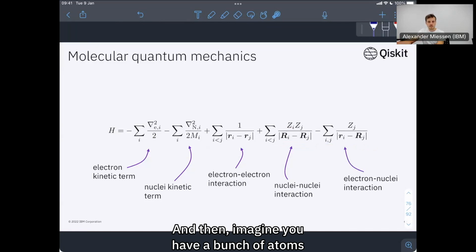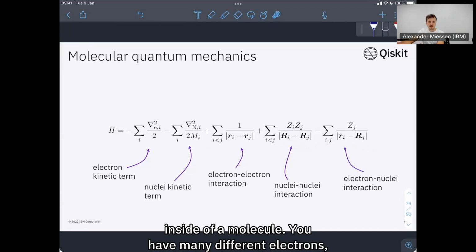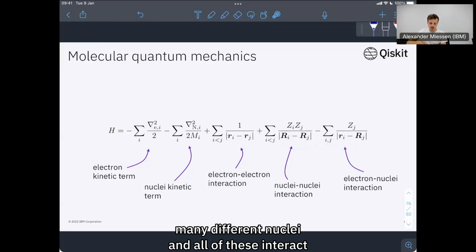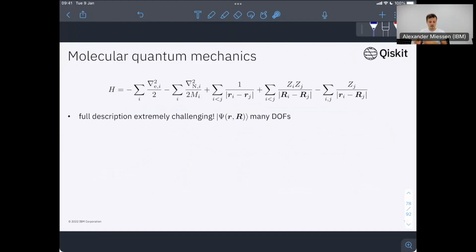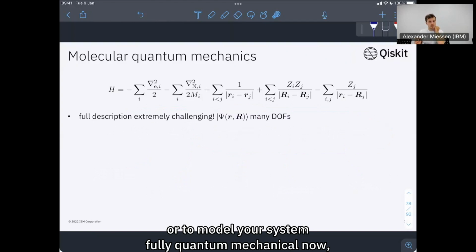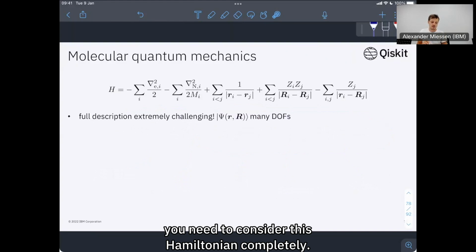And then imagine you have a bunch of atoms inside of a molecule. You have many different electrons, many different nuclei, and all of these interact in this fashion, okay? So kinetic terms and potential terms of the Hamiltonian. To model your system fully quantum mechanically now, you need to consider this Hamiltonian completely.